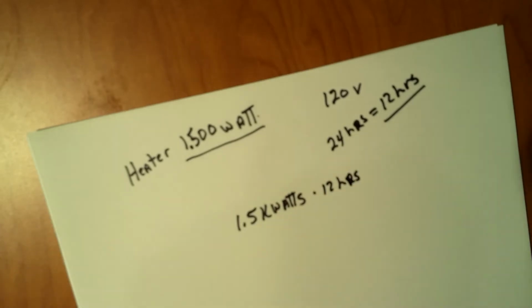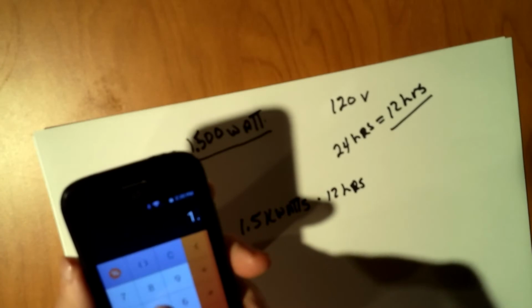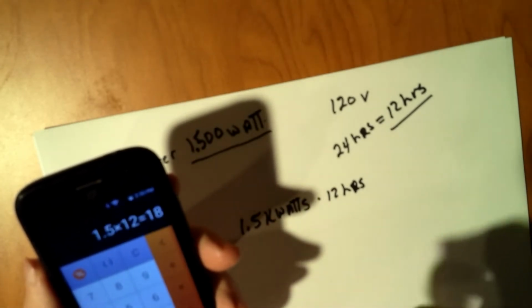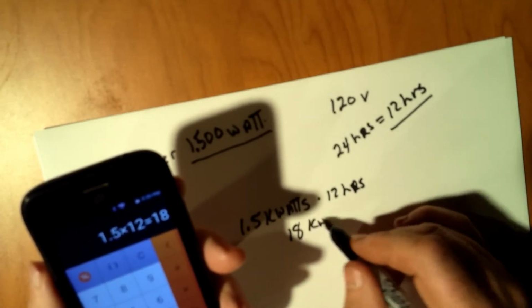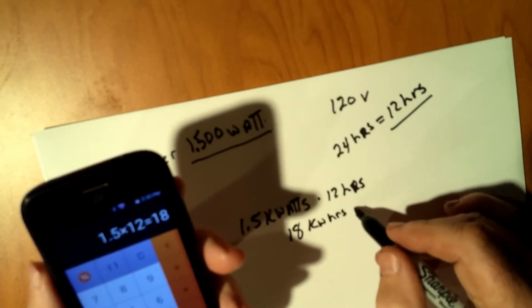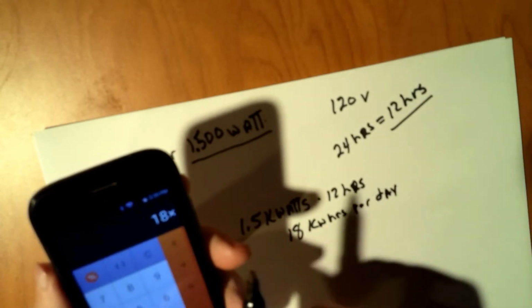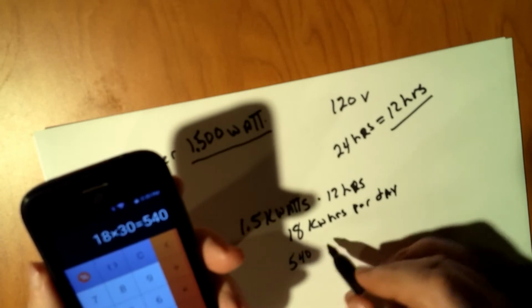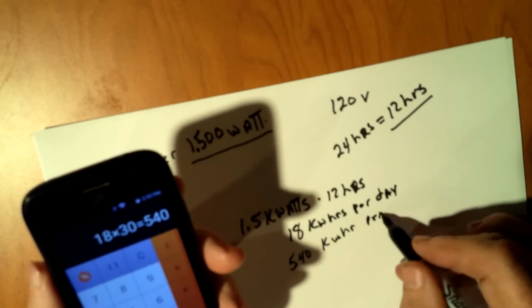So if you multiply that out, 1.5 times 12 equals 18 kilowatt hours per day. So 30 days, you're going to run that heater for a month. That's 540 kilowatt hours per month.